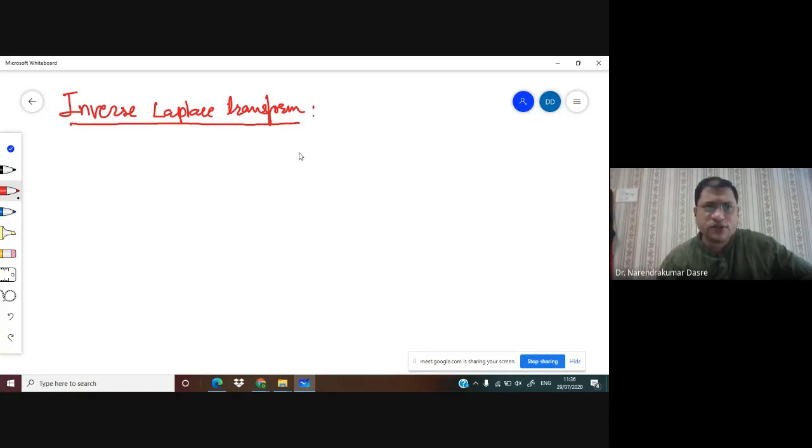There was only one factor. We tried to express the denominator as s plus a, s minus a, or s square plus a square, or s square minus a square, and then using the first shifting property, we calculated the inverse Laplace transform of some functions.